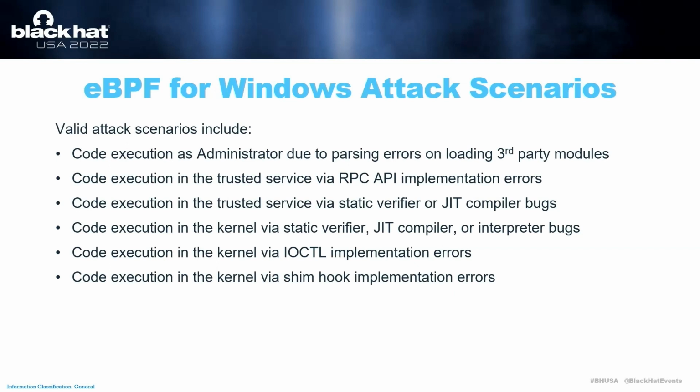Then, of course, there's the static verifier or the JIT engine itself. If either of those, as they process the code, read out of bounds or write out of bounds, that would be a vulnerability. As well as there's an interpreter mode, so same idea there. And then there's a whole ioctl layer, which, of course, comes with its own implementations of handling each ioctl request before it interfaces with the eBPF subsystem itself.